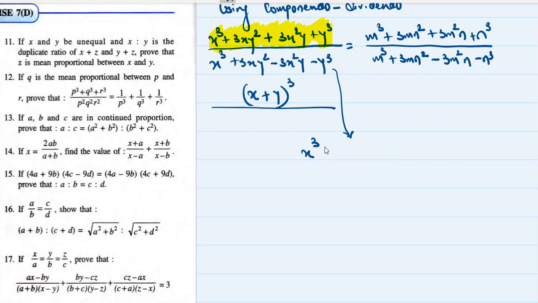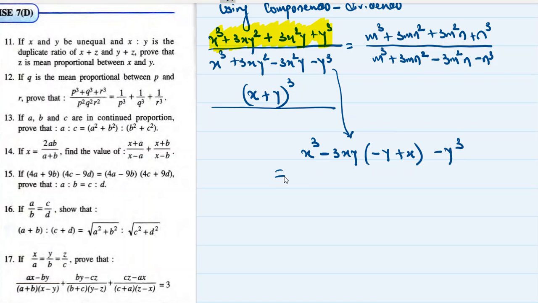So x cube minus 3xy. What I'm doing is I'm taking out minus 3xy common. So inside I'll be left with, in the place of y square, minus y, and in the place of x square, plus x. I hope you understand this step, okay? Yes, I understand.